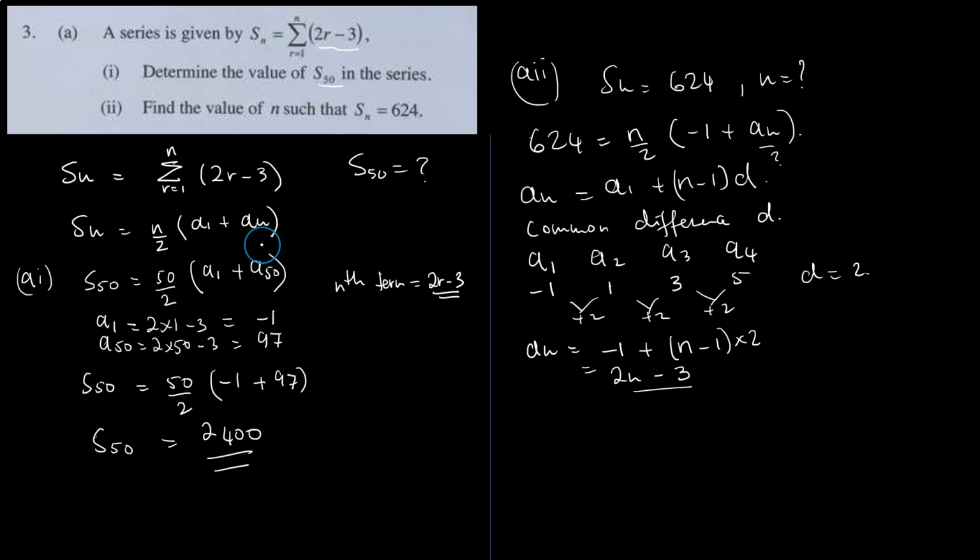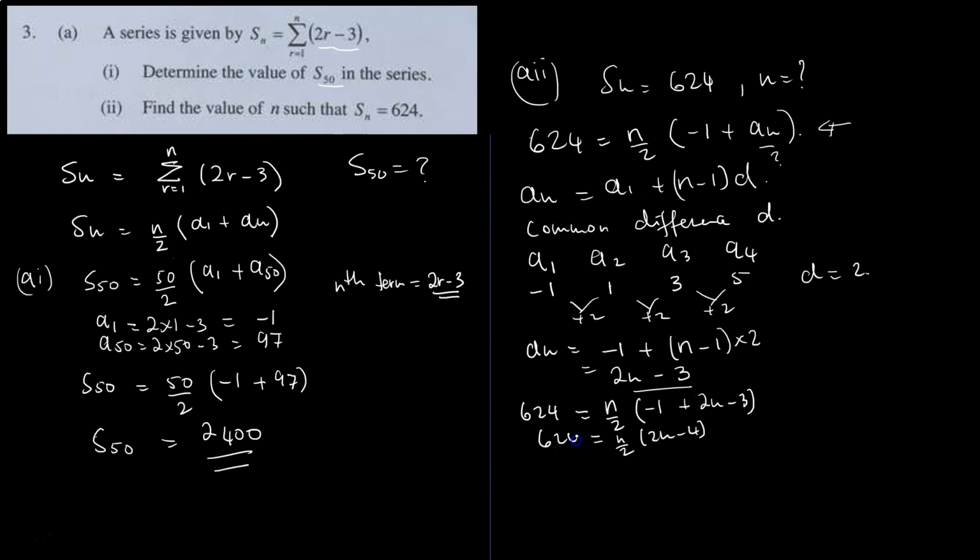We can now go ahead and put that in the formula. So what do we have? 624 is equal to n over 2, and then we still have our -1 there, so -1 plus our an. Now we know what it is, 2n minus 3. And this will give you n over 2 times (2n minus 4).